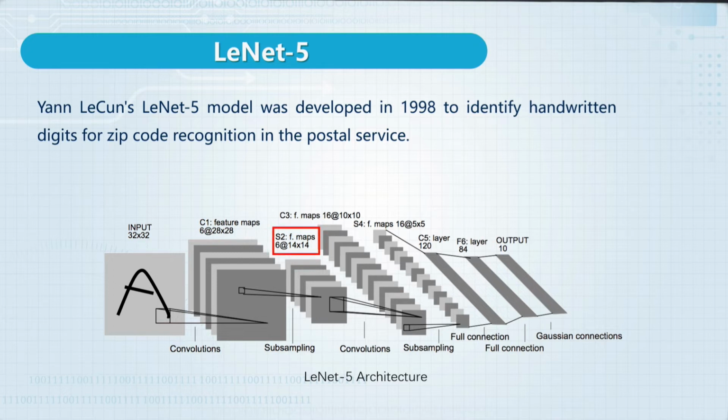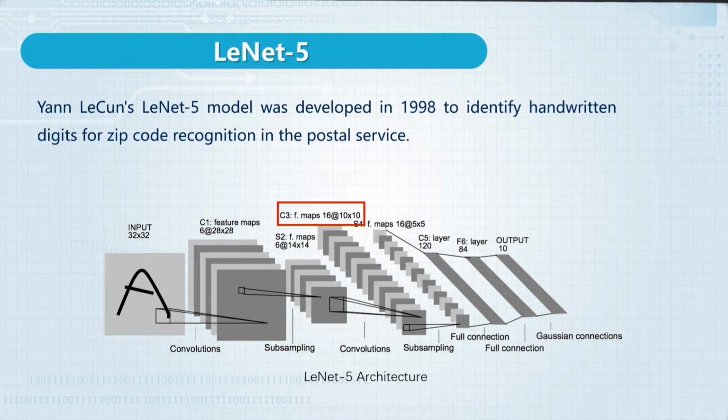Then LeNet-5 applies an average pooling layer or subsampling layer with a filter size 2 times 2 and a stride of 2. The resulting image dimensions will be reduced to 14 times 14 times 6.